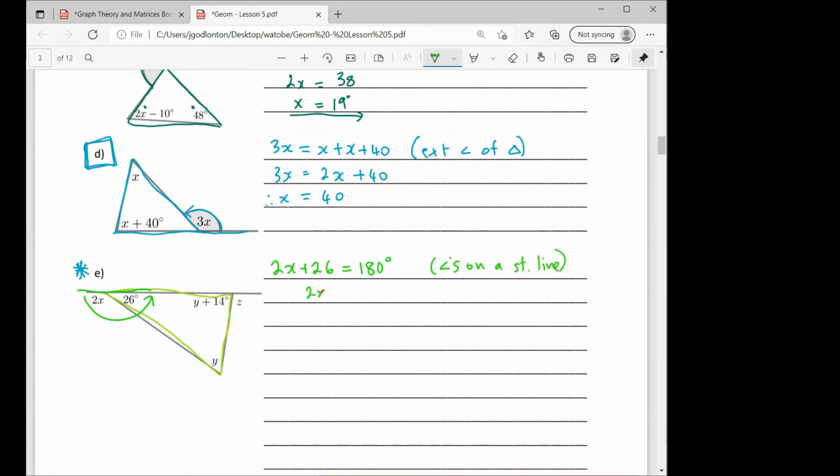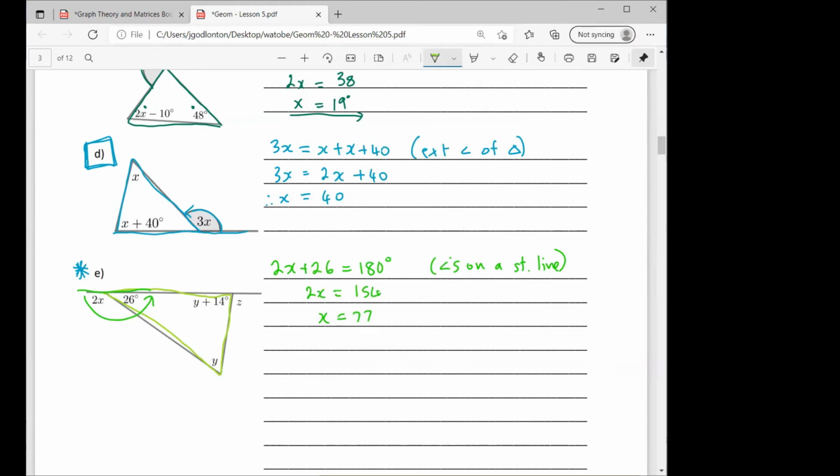So that means that 2x needs to equal 100. Oh, I feel like I'm not doing this in my head very well right now. So 2x is equal to 154, which means x is going to equal 77. Okay, so we now know that x is 77.